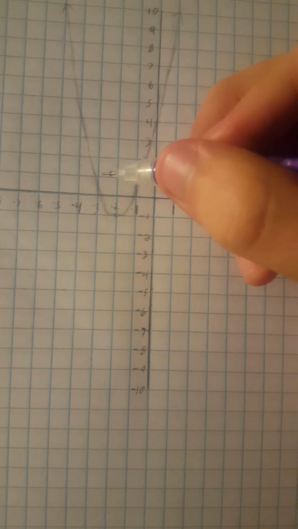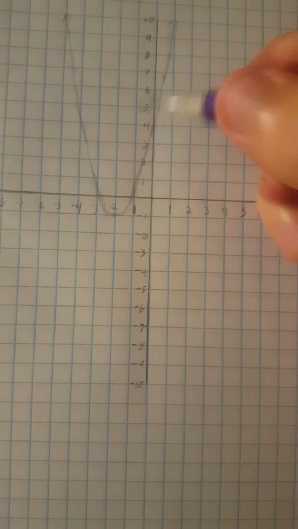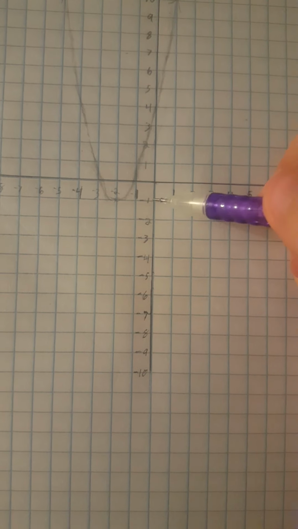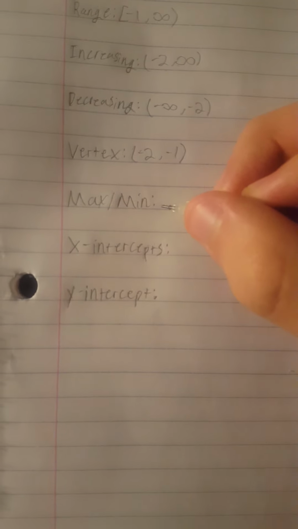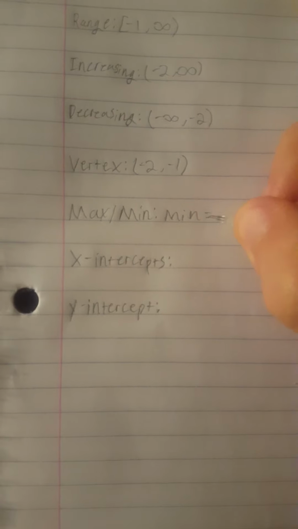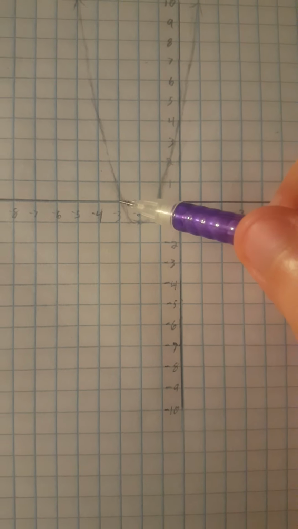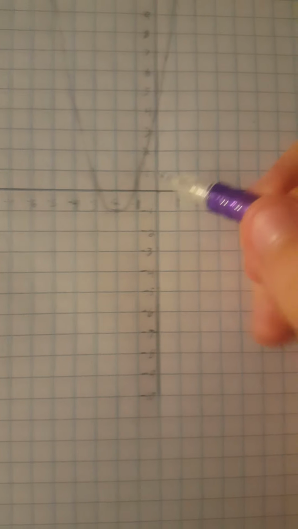Since the arc of the parabola is pointing up, it is a minimum. And the minimum of this graph is -1. Now the x-intercepts of this graph, it passes through -3 and -1.